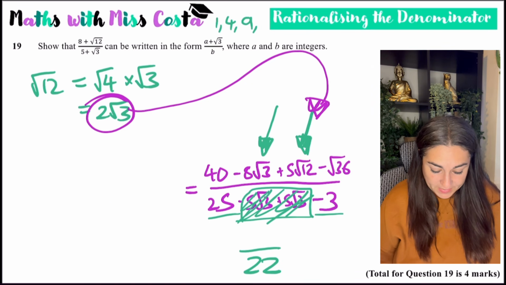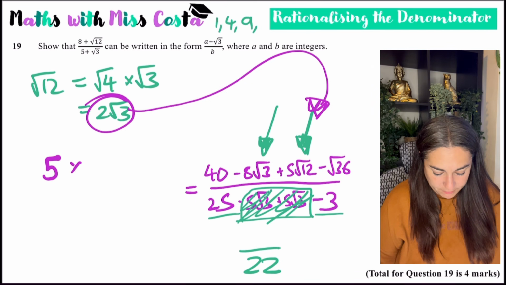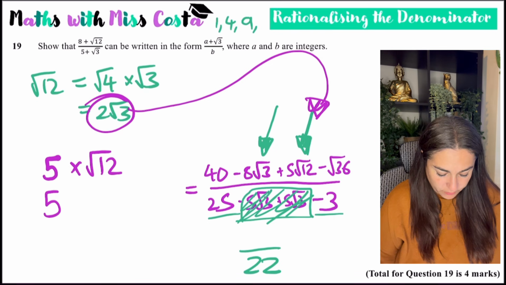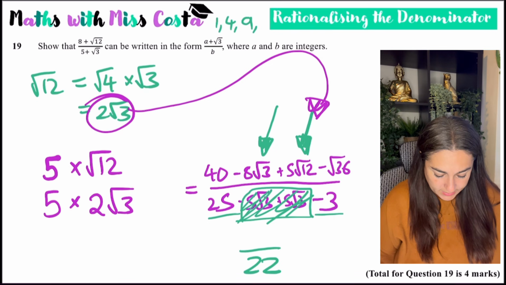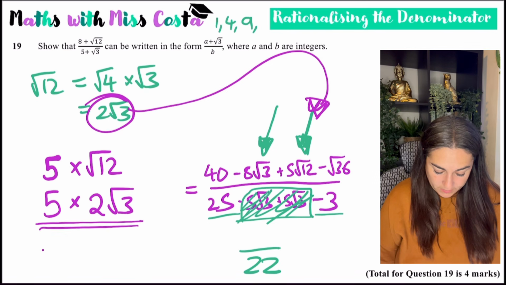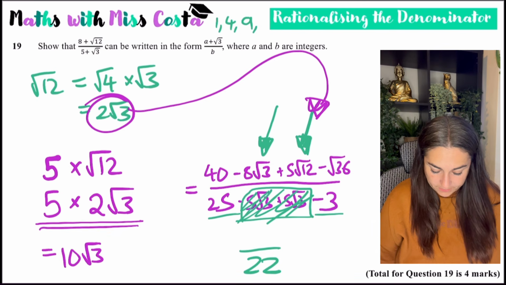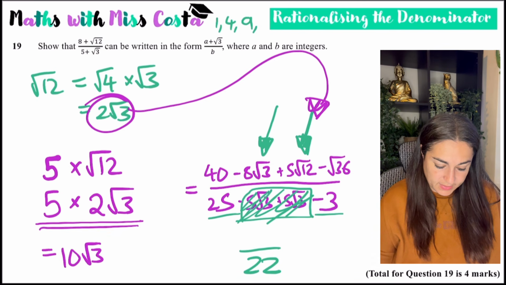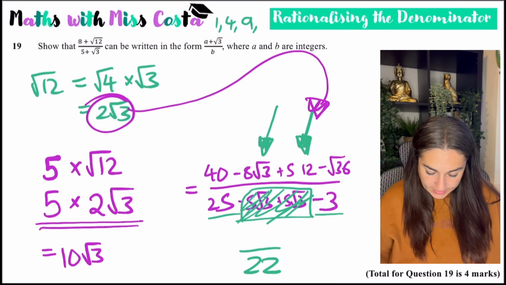So 2 root 3 instead of root 12. So remember that it's 5 root 12. So 5 times root 12, I'm going to change root 12 to 2 root 3. So that would become 10 root 3. So I could rewrite this as 10 root 3.